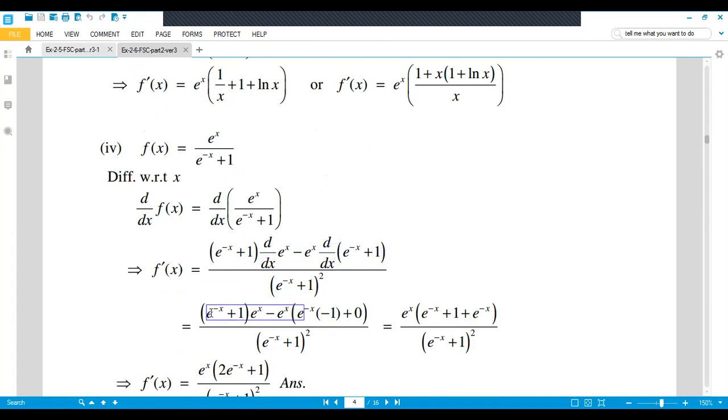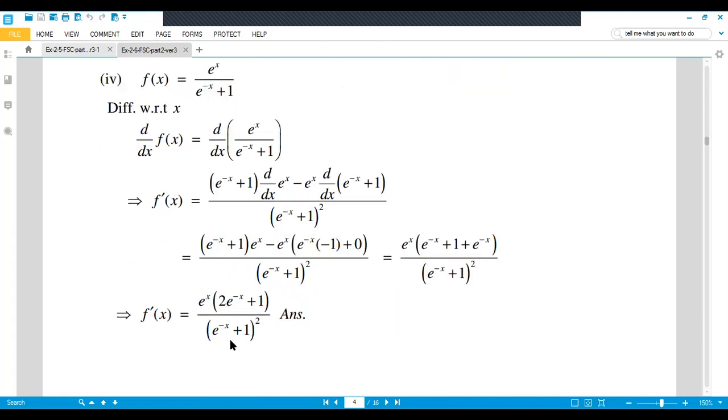So you know that e power minus x plus 1 you copy as it is, and the exponential function derivative e power x is e power x, and minus e power x you copy as it is, and the derivative of e power minus x is e power minus x, and the power's further derivative of minus x is minus 1, and the derivative of 1 is 0.